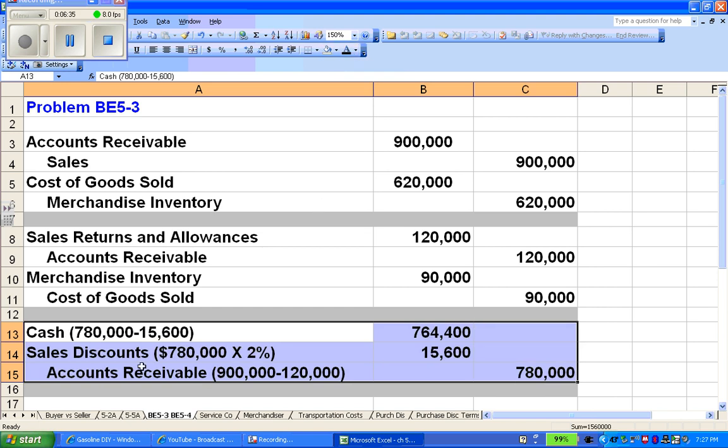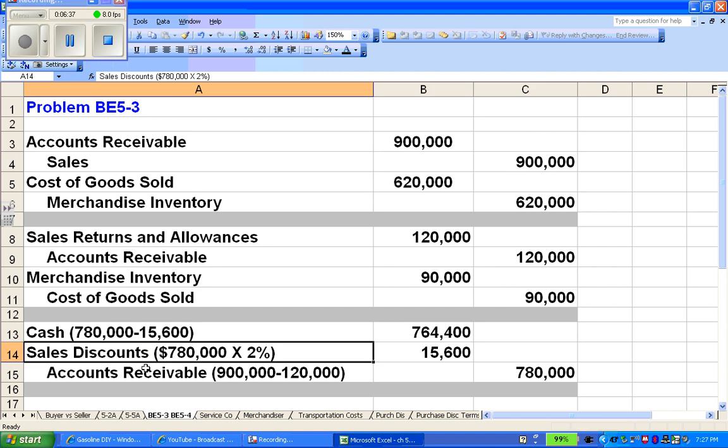So in this line item, we're calculating the sales discount, which is 780,000 times the 2%, and that'll give me a discount of 15,600. Notice my accounts receivable. It's the net between the original sale of 900,000 less the return of the goods of 120,000.